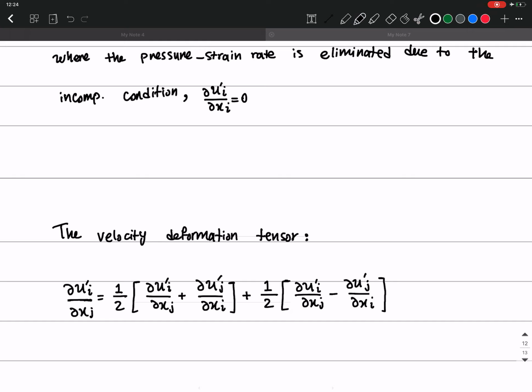It's exactly the same thing. We just added this and then subtracted it, and rewrote it in terms of two halves.